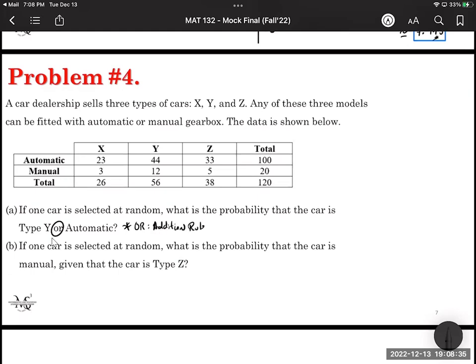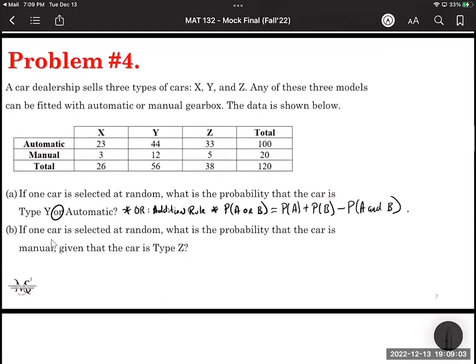The addition rule states the probability of A or B is equal to the probability of A, your first event, plus the probability of the second event occurring, minus the probability of both A and B. Sometimes you have to avoid double counting.